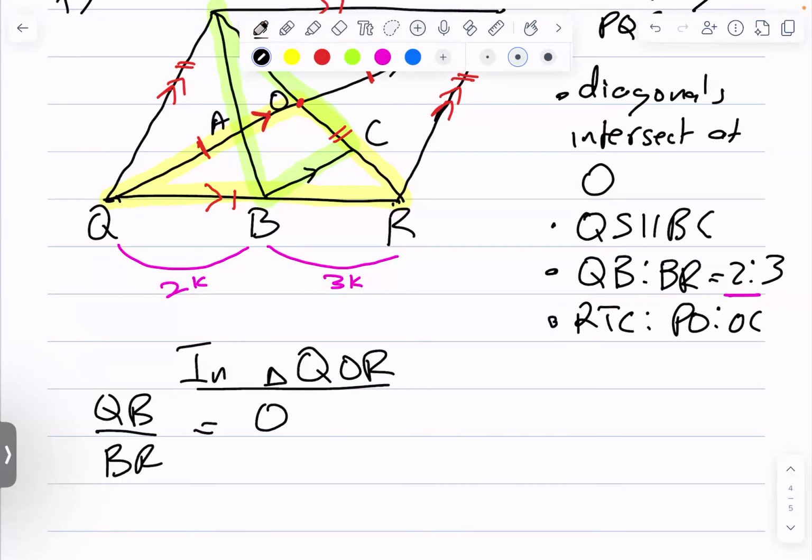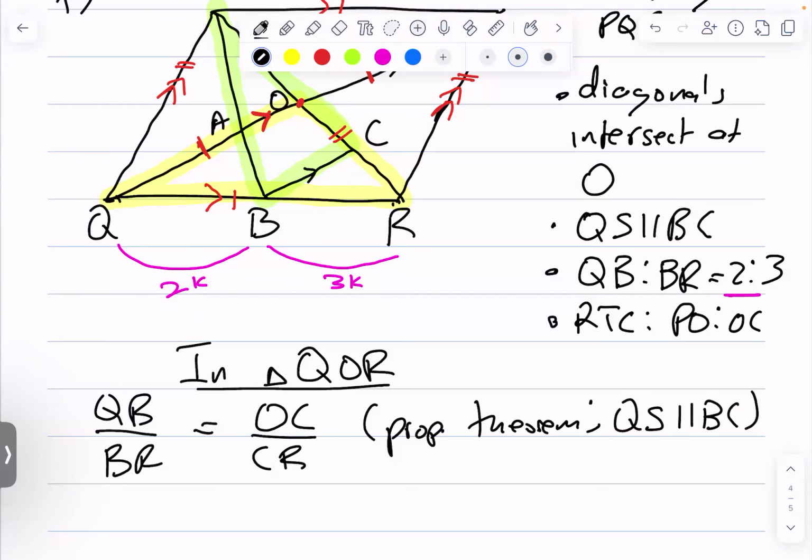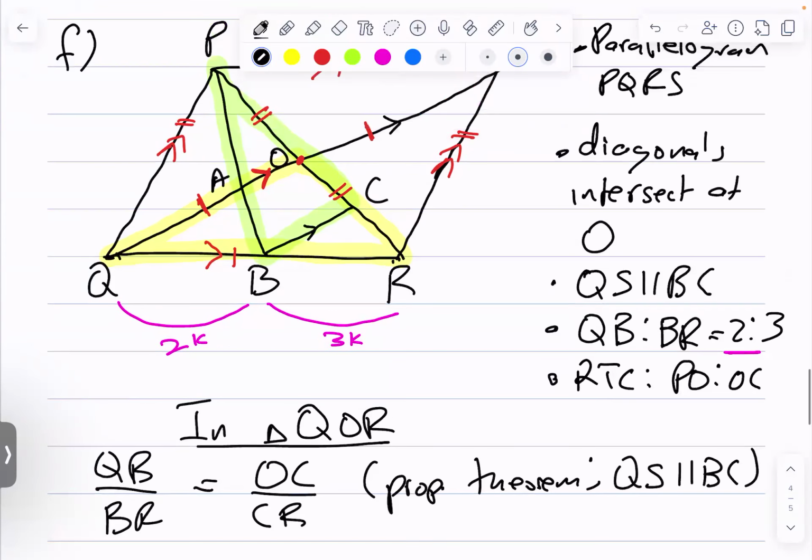OC over OR. Over CR, you mean. Yes. QB over BR is OC over CR. Then you write the proportionality theorem, because QS is parallel to BC. QS is parallel to BC. Very good. So you started your journey very well.